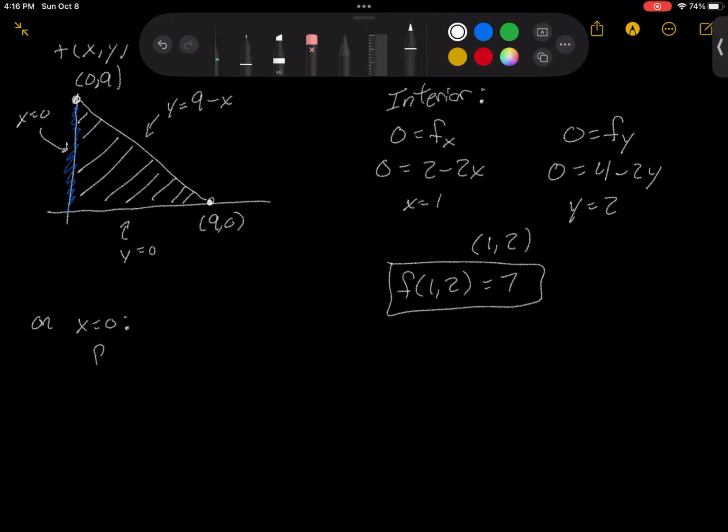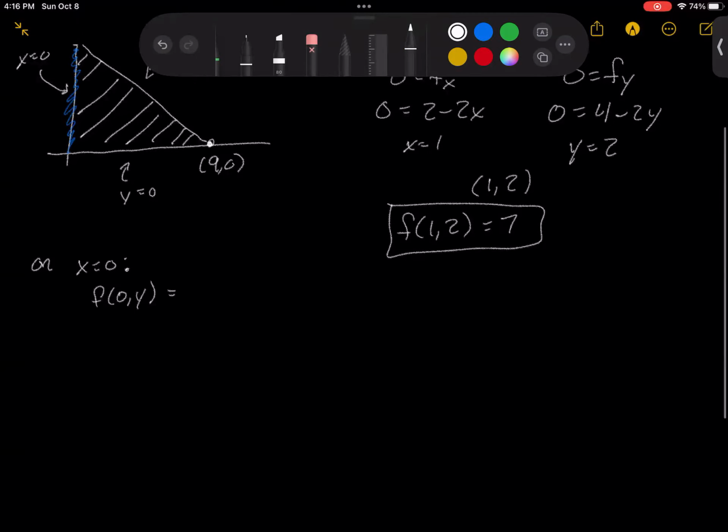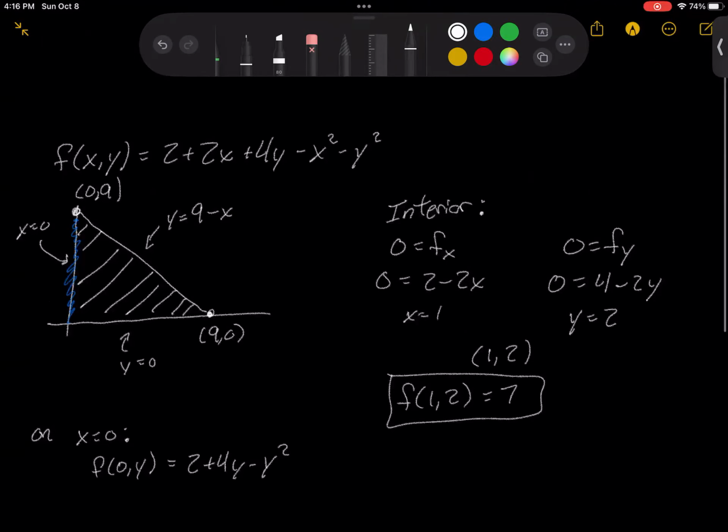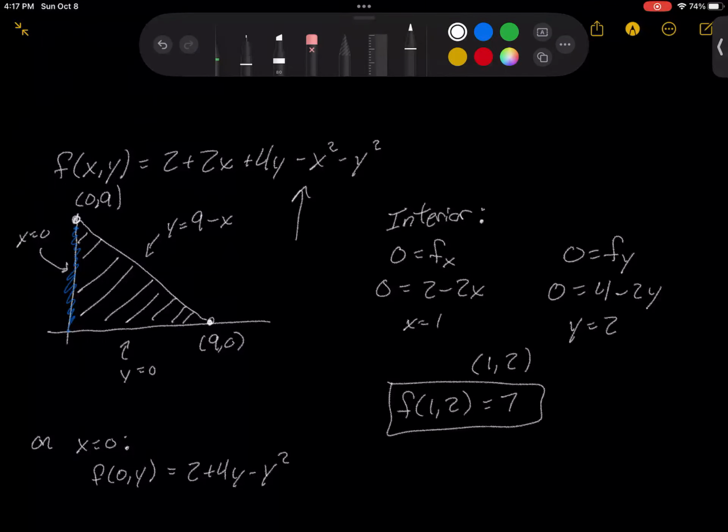So on x is equal to 0, our function value is, oops, not the y value is 0, but the x value is 0. So it's going to be just a function of y, and it's going to be 2 plus 4y minus y squared. That's this function value, but I'm looking at the slice on my y-axis.